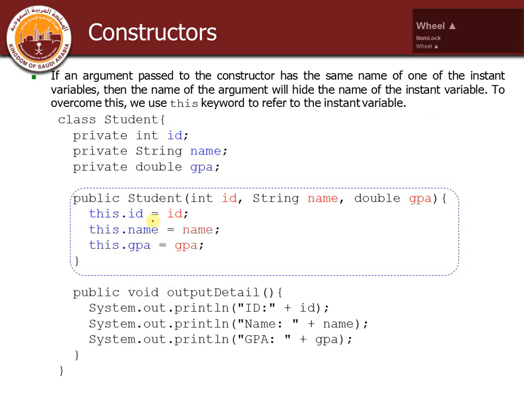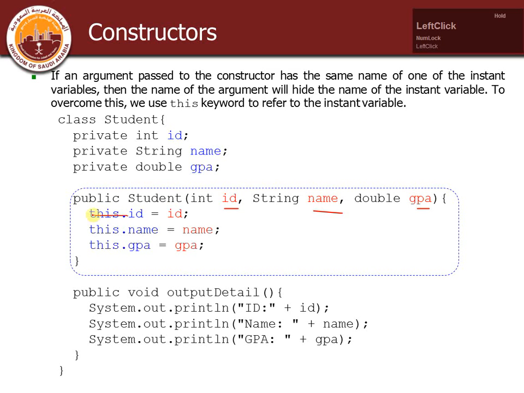Okay, just to go back to this, I think we've spoken about this earlier, probably last week, or maybe before that, when we have the same names in the parameters as those in the class, to distinguish between which one is from the class and which one is from the parameter, we need to use the keyword this.